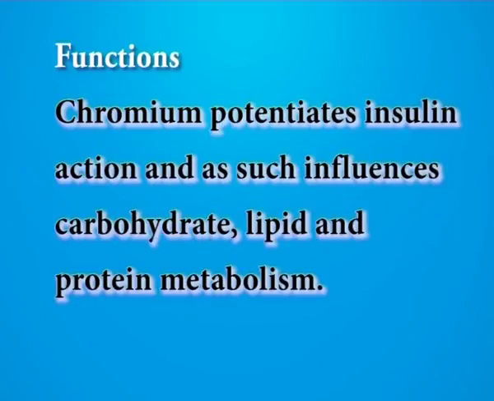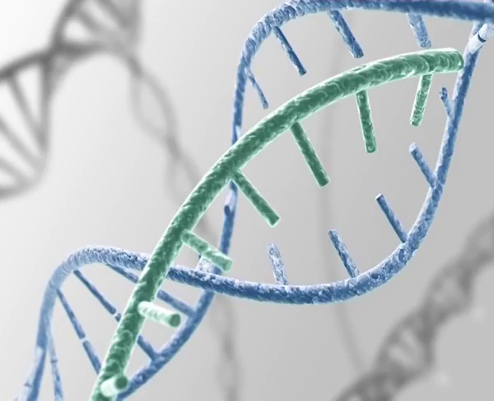The functions of chromium: chromium potentiates insulin action and as such influences carbohydrate, lipid and protein metabolism. Chromium may regulate the synthesis of a molecule that potentiates insulin action. Another possible role for chromium, similar to that of zinc, is in the regulation of gene expression.